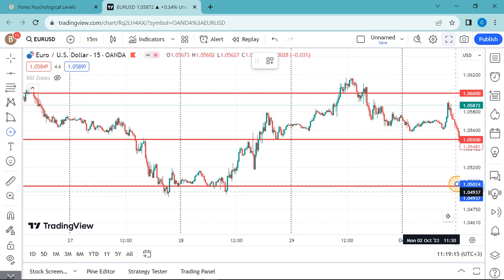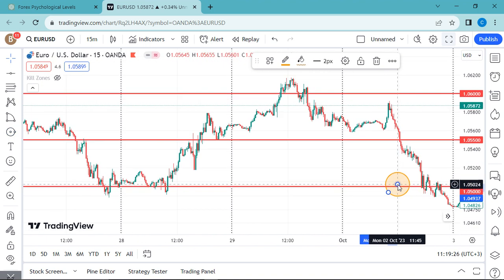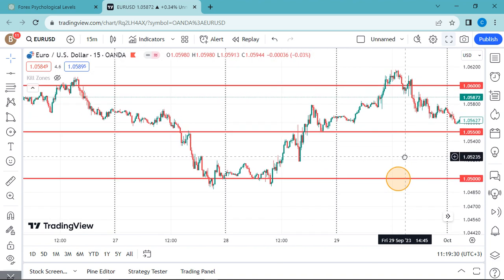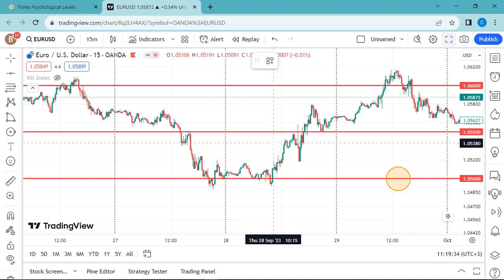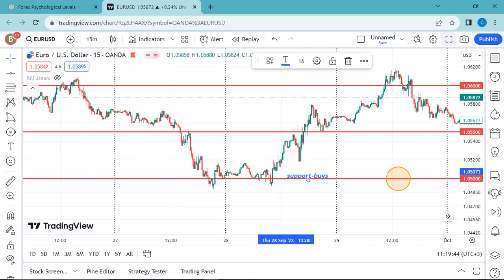Let's look at this line, right? So remember, guys, support, we are looking to buy. You look for buys in support, right?